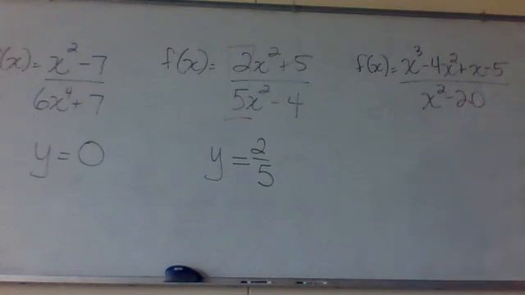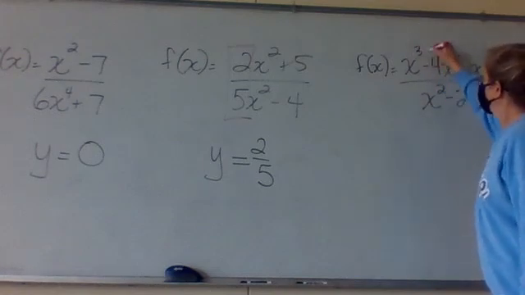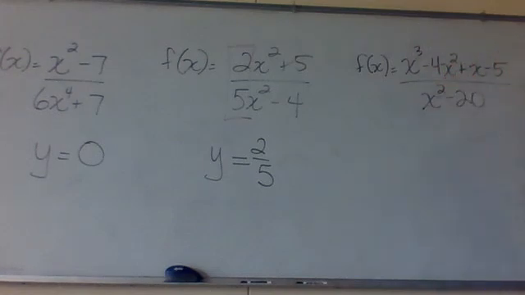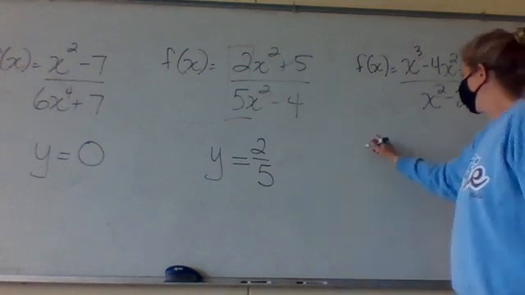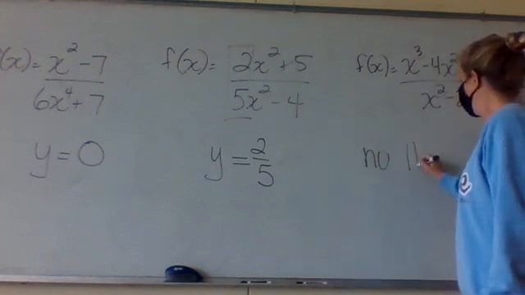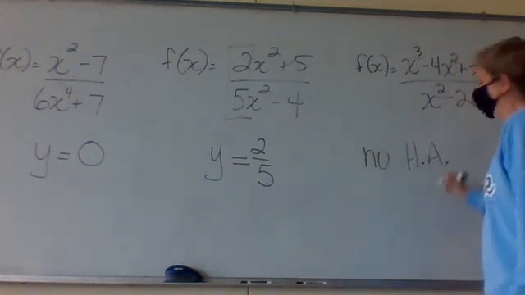So the degree of the numerator is 3, the degree of the denominator is 2, which means the degree of the top is greater than the degree of the bottom, and when that occurs, that means there is no horizontal asymptote.